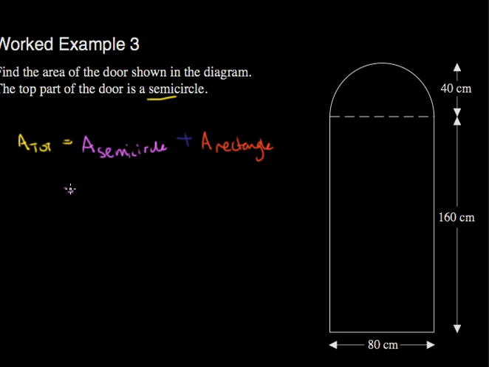The semicircle will be a half of pi r squared, and the radius is 40. And the area of the rectangle is simply 80 times 160.